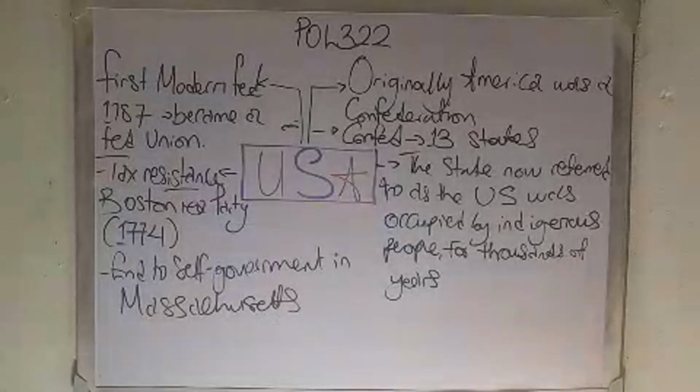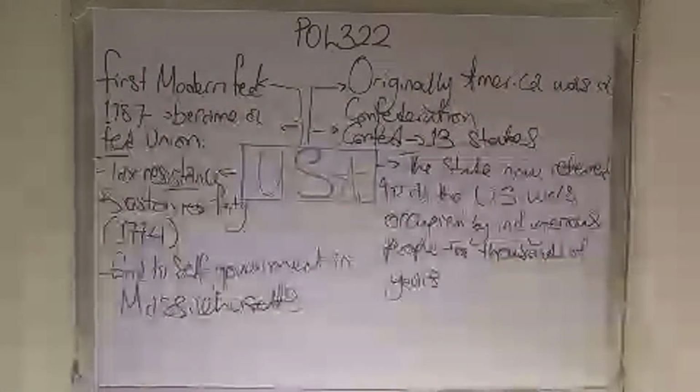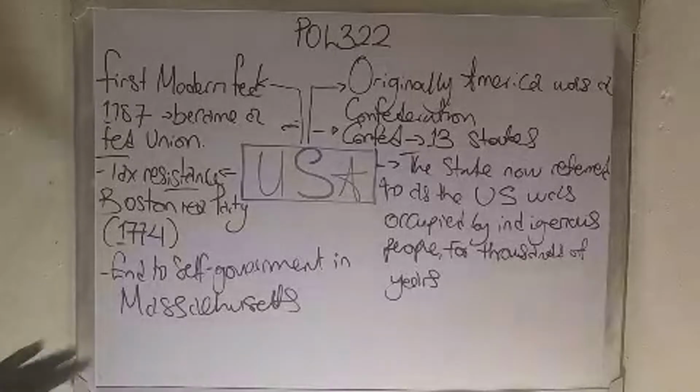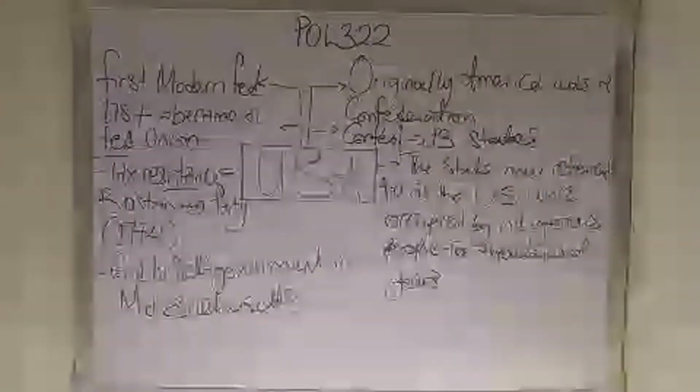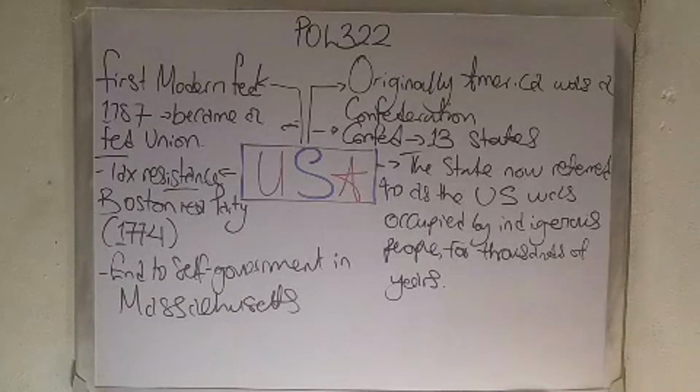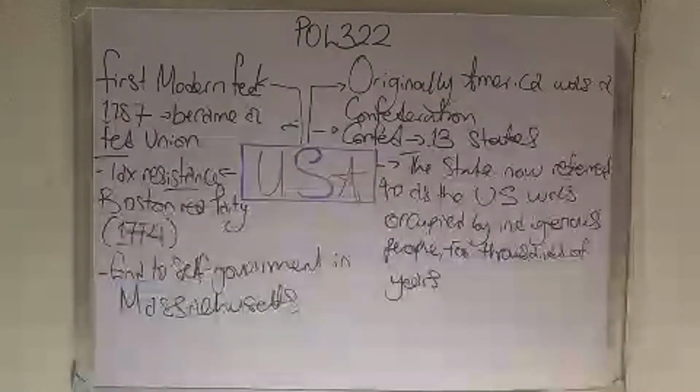Now, this led to armed conflict. It was serious. It led to armed conflict in the same Massachusetts, and American patriots drove the royal officials out of every colony and assembled mass meetings and conventions.